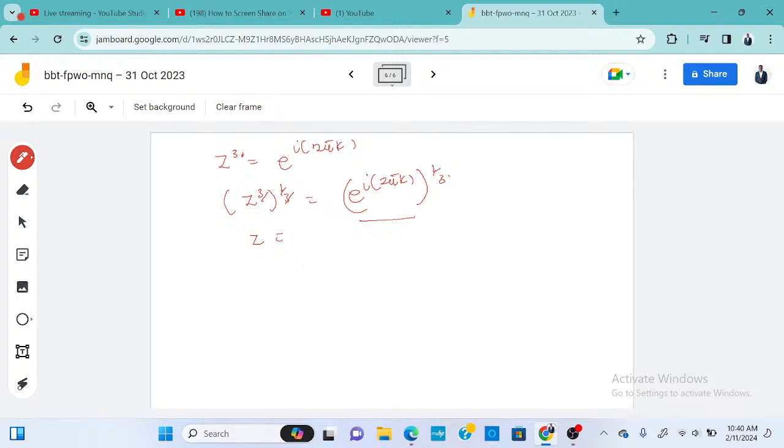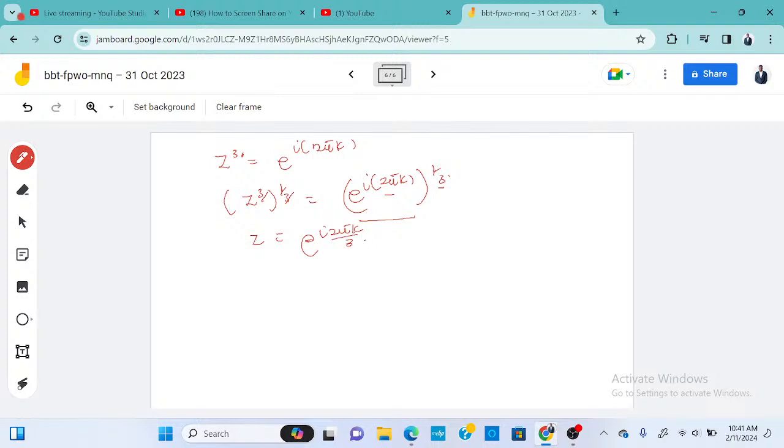If you have your complex number expressed in polar form and you are going to find an exponent of that, De Moivre's theorem simply says multiply the power by its argument and you are good to go. So here our complex number becomes e to the power i 2 pi k everything over 3, right?